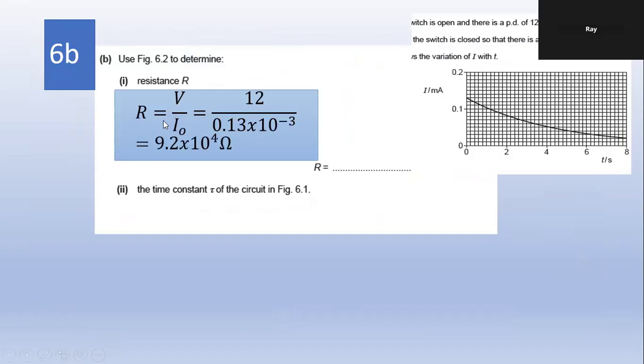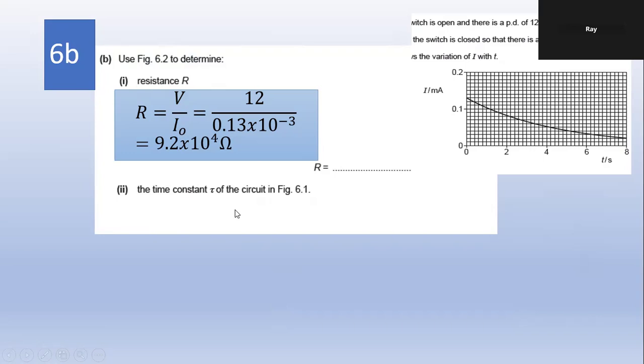So R is V over I. V is 12 volt, initial current 0.13 times 10 to the power minus 3. Remember milliampere, don't forget that. Convert to SI unit.